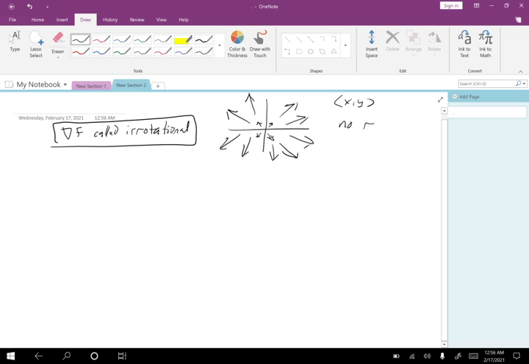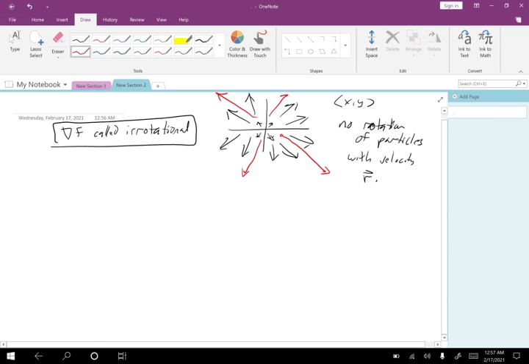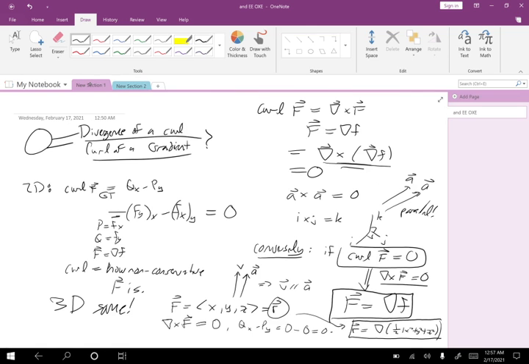So there is no rotation of particles with velocity r. Right? Because if we start with a particle and we send it going, it always just goes outwards. It never rotates. So such vector fields are called irrotational in the fluid mechanics literature.